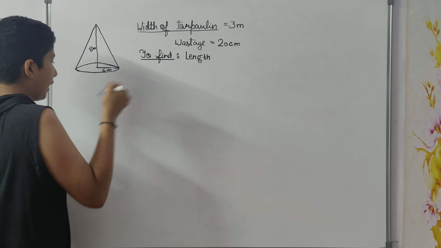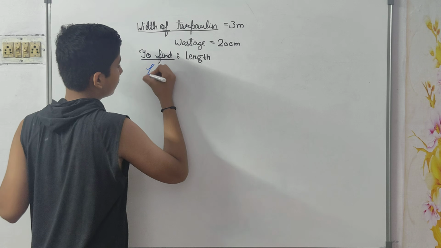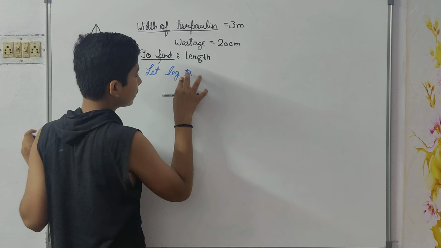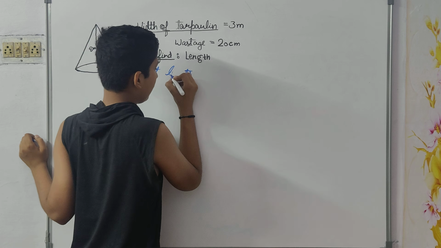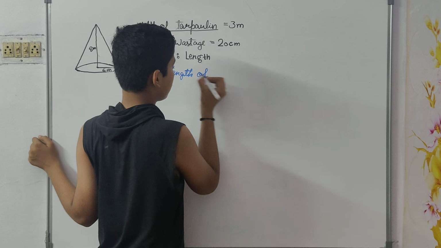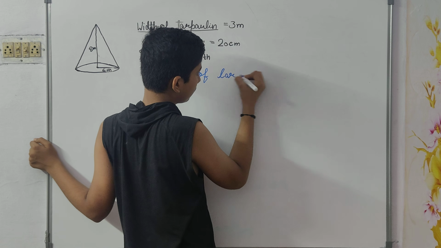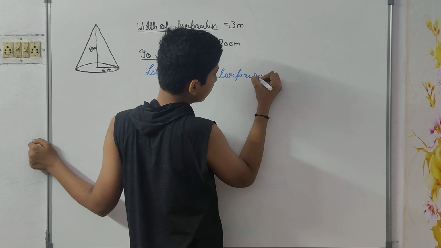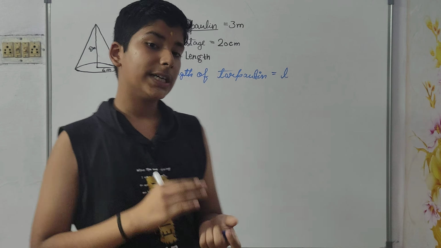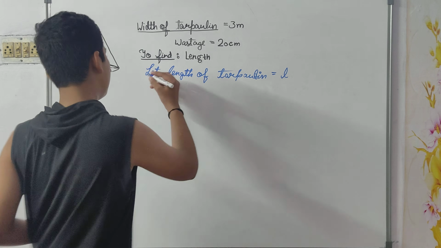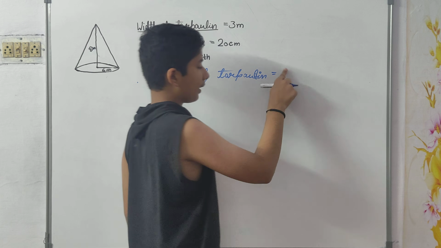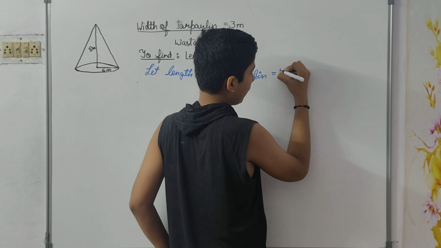So, solution. Let the length of tarpaulin equal L. Okay, so we have assumed the length as L. Now wait, instead of this L, we'll use n.